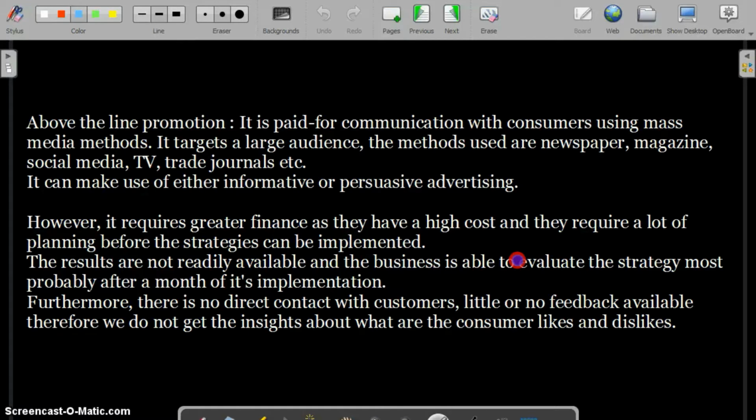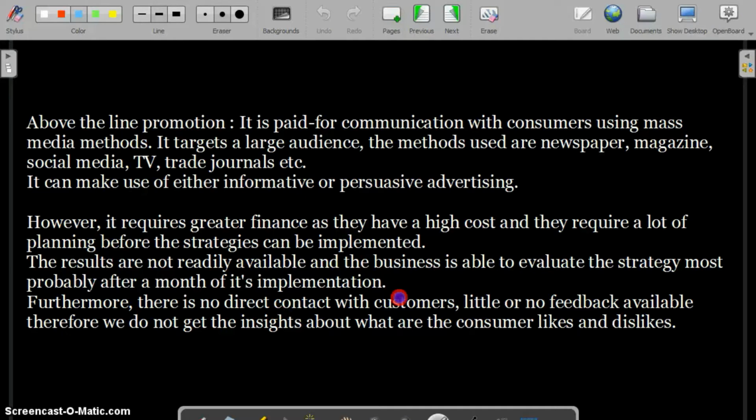It takes at least a month after the promotion has begun to see what the effects are. You need to wait for one month to see if it was effective or not.